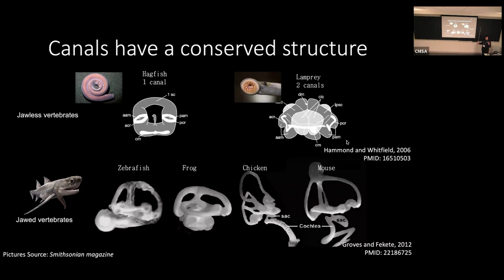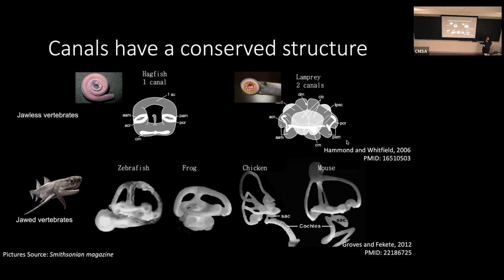Jawed vertebrates like us and like fish, frog, chicken, and mice have 3 mutually orthogonal canals. And this architecture of roughly mutual orthogonality is quite conserved across species. Benthic organisms which are not gnathic also have 2 canals. And so where do they fit? I'm not sure.